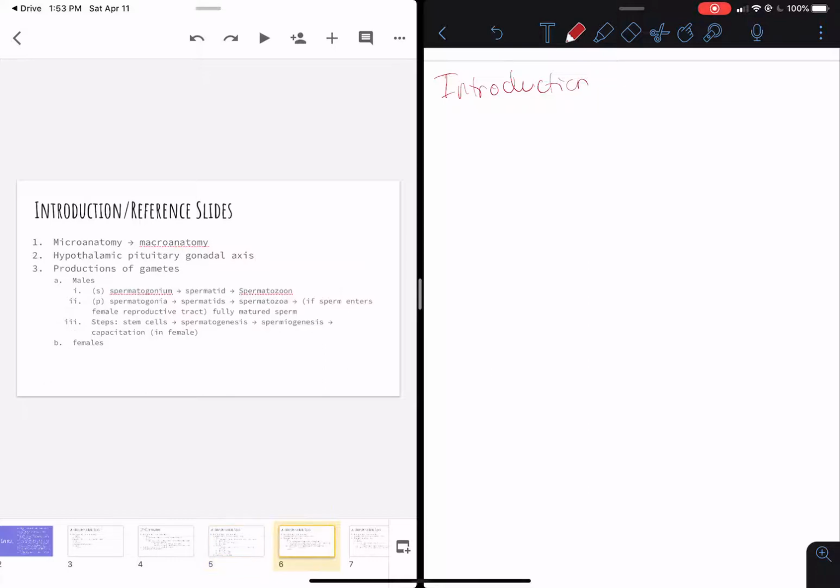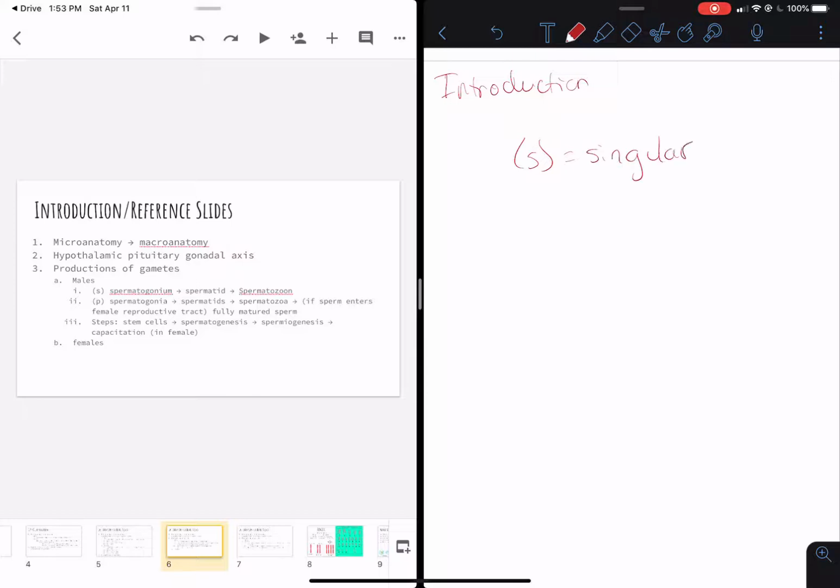For production of gametes, gametes are our sex cells. For males, I have in parentheses S equals singular, and P equals plural. For singular, we have spermatogonium. Those will turn into spermatids, and then they'll finally turn into spermatozoon. The plural forms of this are spermatogonia, spermatids, and spermatozoa.